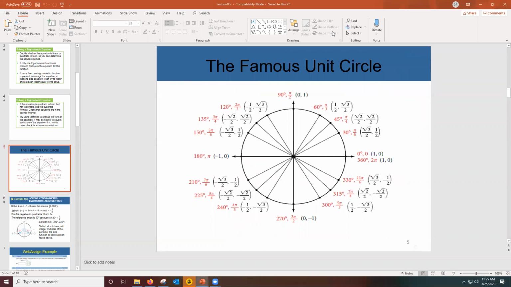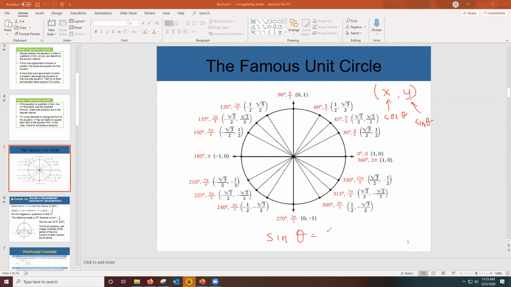Well, remember, when you look at the unit circle, the cosine is the x value and the sine is the y value. So our example was sine theta equals -1/2.